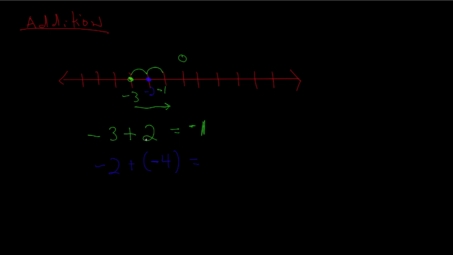Now, if positive numbers are moving towards the right, then we can think about negative numbers as moving to the left. And so if I start at -2 and move to the left 4, 1, 2, 3, 4, and then that puts me on -6.